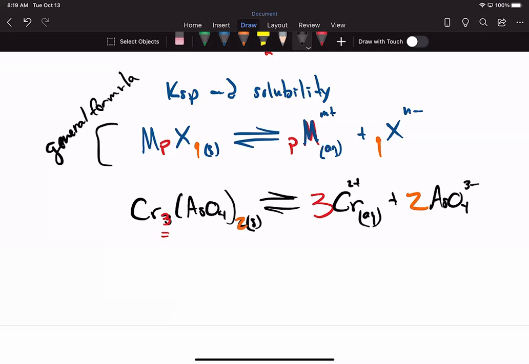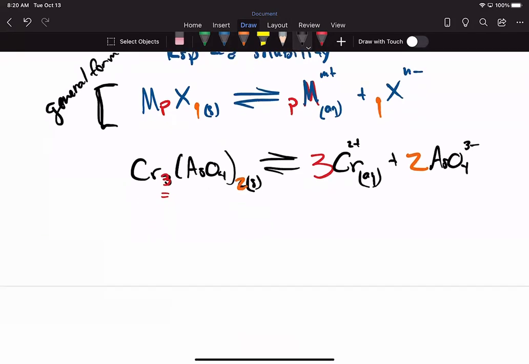That's all this general formula is saying: anytime, we can always split these up using this general formula. However many moles I have here is how many moles I put in front. However many moles I have here is how many moles we have out front. What we don't want to do is this. This is completely wrong. Please don't even copy it.